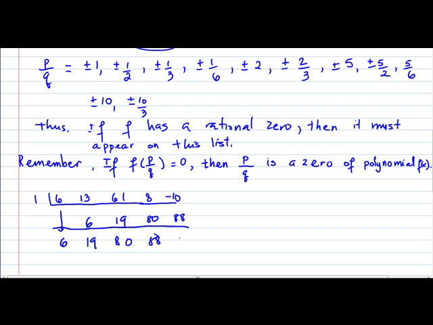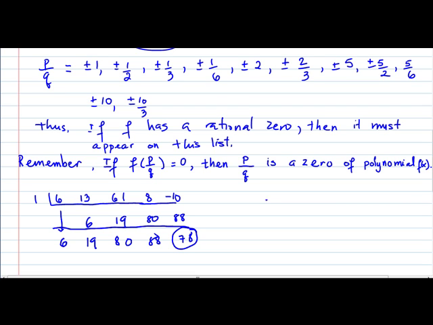Plus negative 10 is 78. Now, because this last number stands for our remainder, and our remainder is not 0, therefore 1 is not a solution, or it's not a 0 of our polynomial.